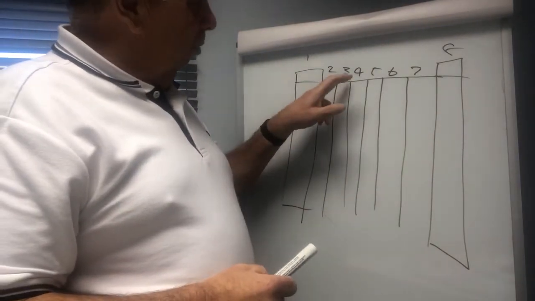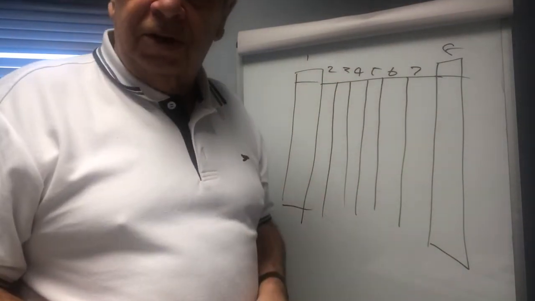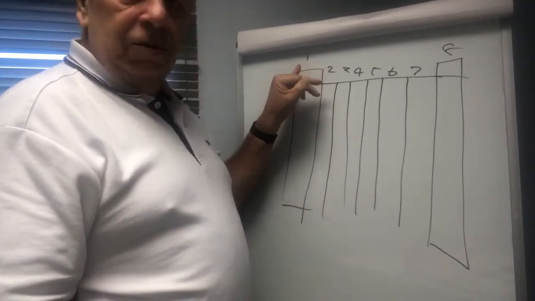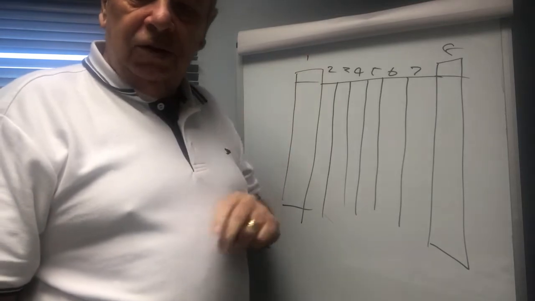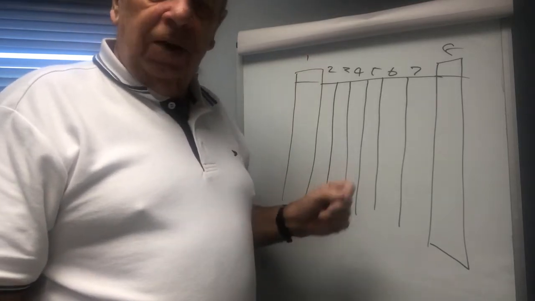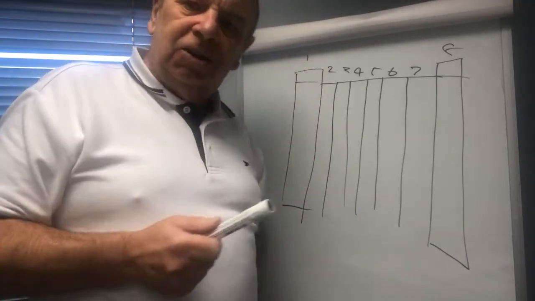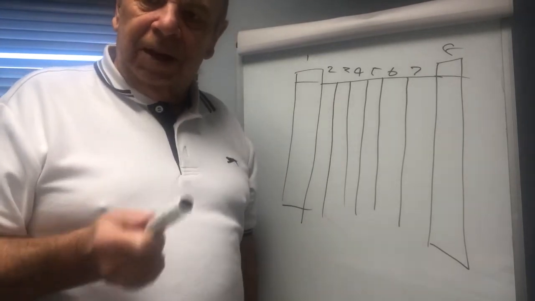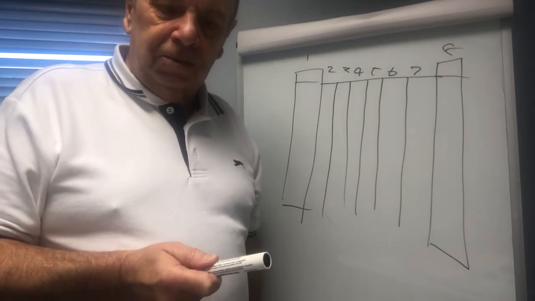Elements found in group 4 have 4 electrons in their outer shell. Elements found in group 1 have 1 electron in their outer shell. And it's the number of electrons in the outer shell that determines the chemical properties.